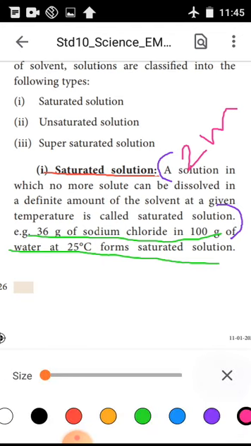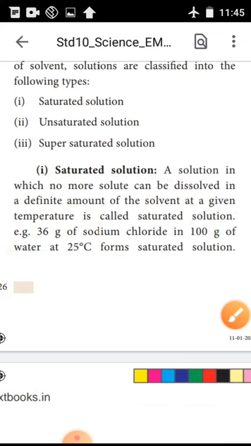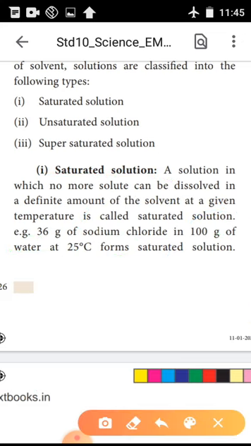It is dissolved in 100 gram of water. So 100 gram of water is the amount of solvent.